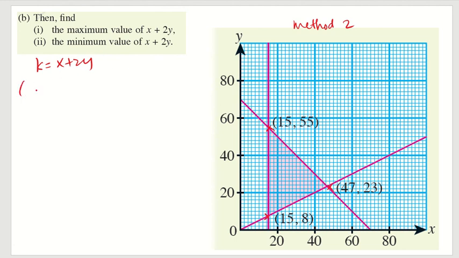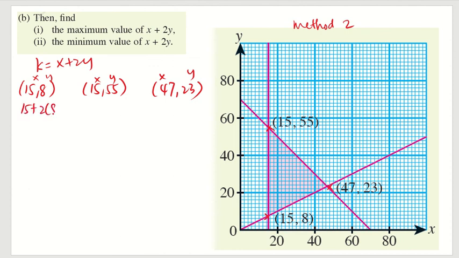First the first point, then the second coordinate, (5,5). Third coordinate, (47,23). This is your x, this is your y. Then we substitute inside x plus 2y. The first one equals 31. Then again, the second one equals 125.